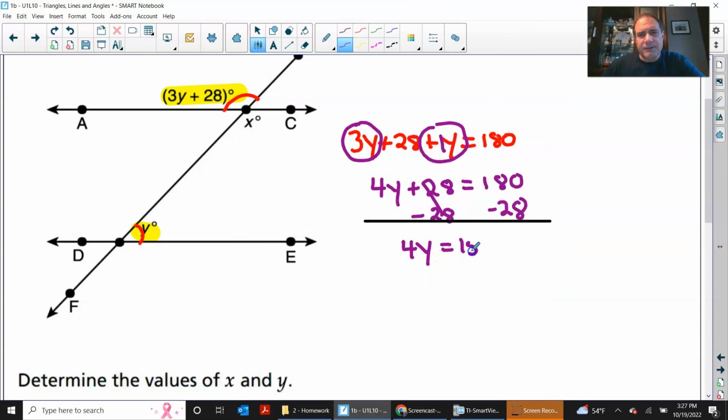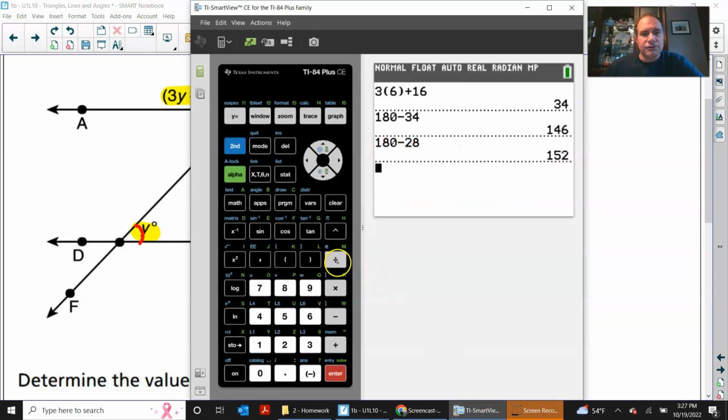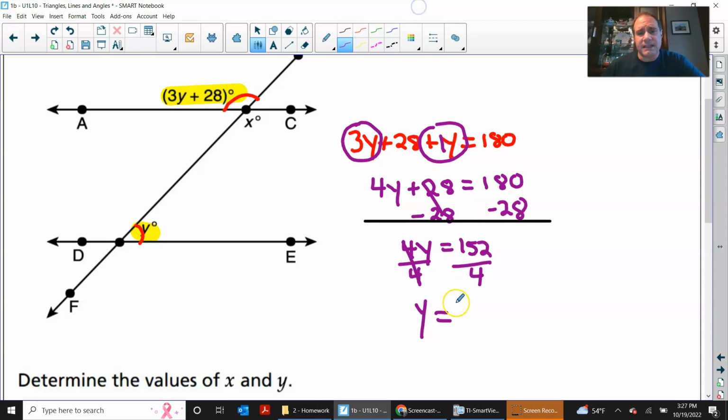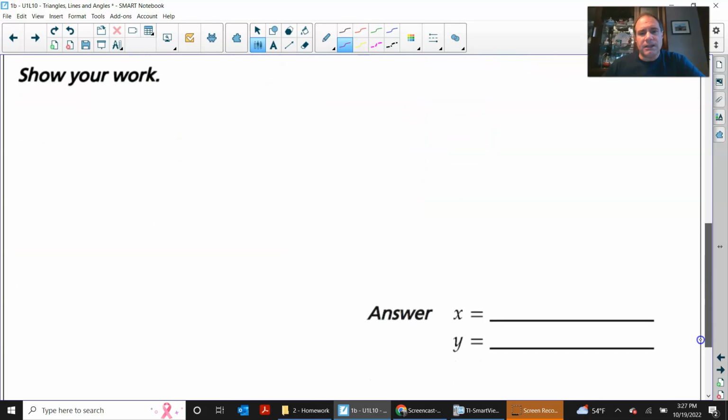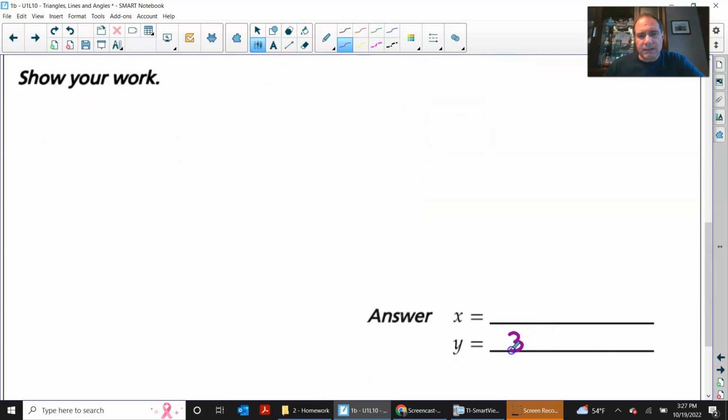So we have 152, and then the last step is to divide by 4. Divide by 4, and you get y equals 152 divided by 4. You could just press divide by 4 on your calculator, and it is 38. So y is 38. So you can go down here and say, okay, I have my answer for y. It is 38.